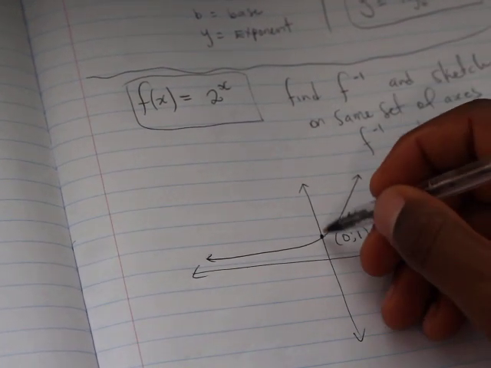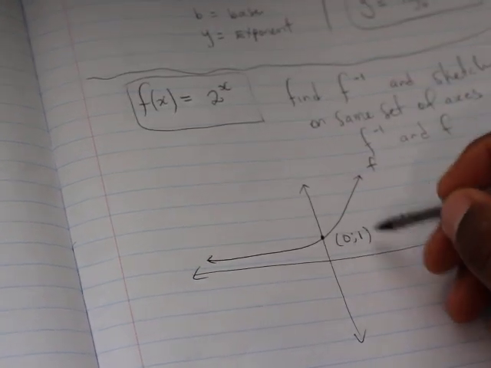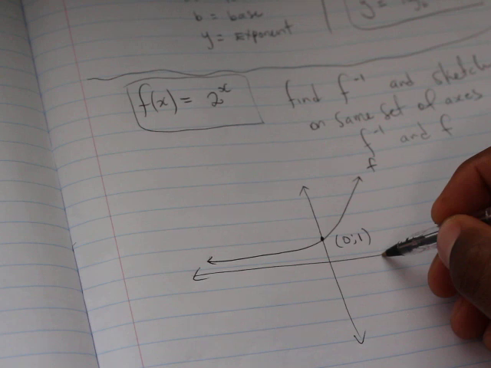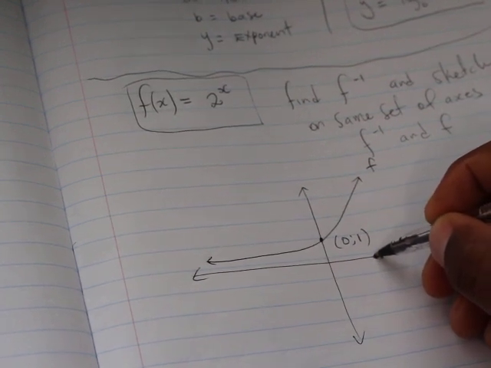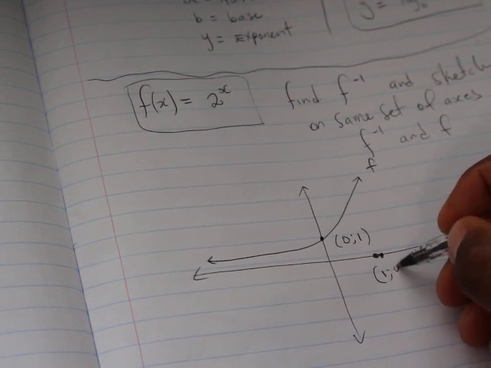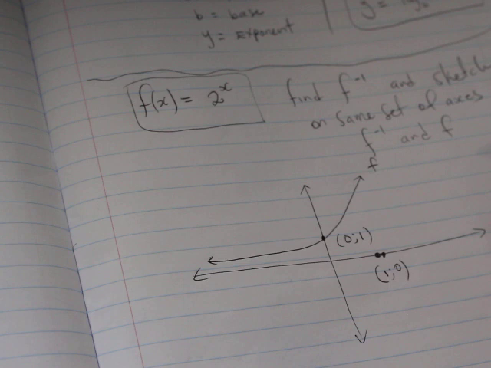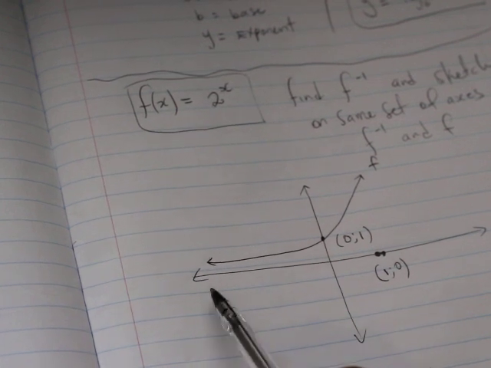Remember, this is the y-intercept of f, and it's going to become the x-intercept of the inverse. Do you get the drill? So for the inverse, we're going to have (1, 0) here. Currently the x-axis serves as the asymptote.